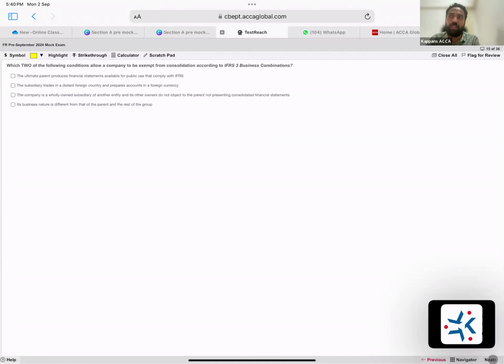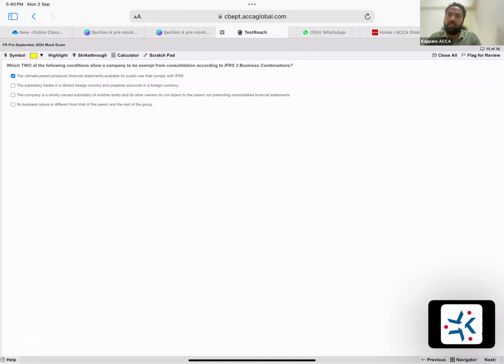The last question. Which two of the following conditions allow a company to be exempt from consolidation according to IFRS 3 business combination? The ultimate parent produces financial statement available for public use that comply with IFRS. Yes, exemption. Subsidiary trade in a distant foreign country and prepares account in a foreign currency.